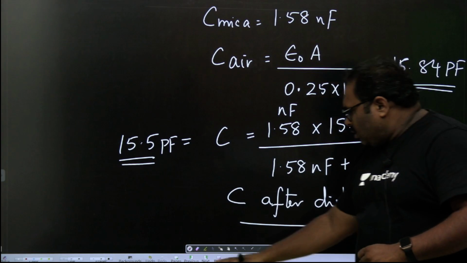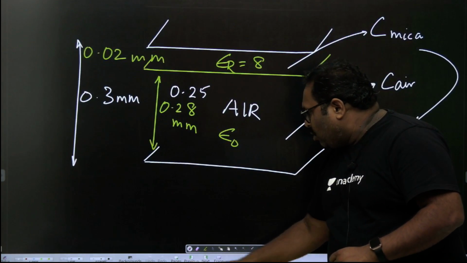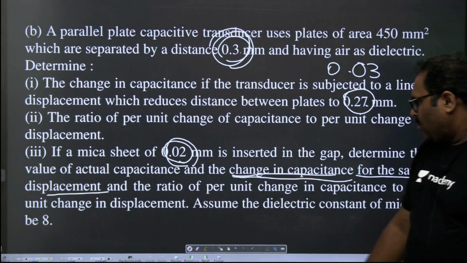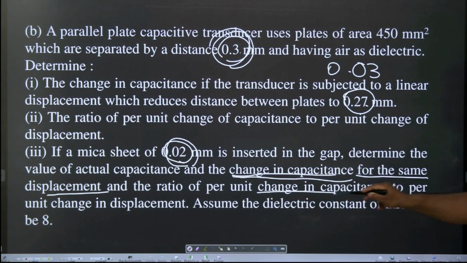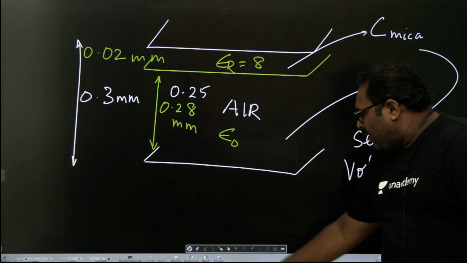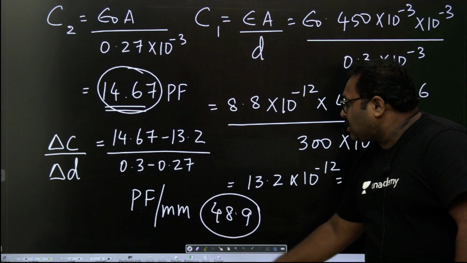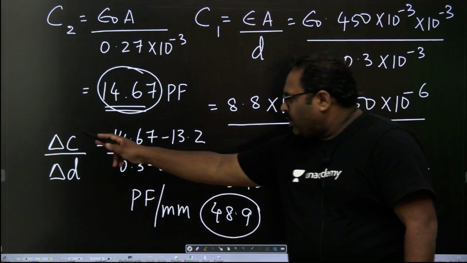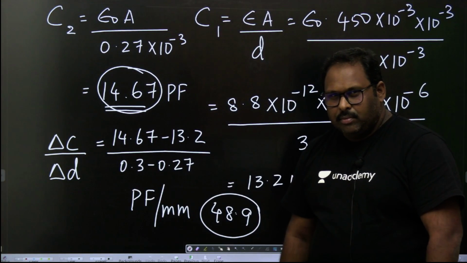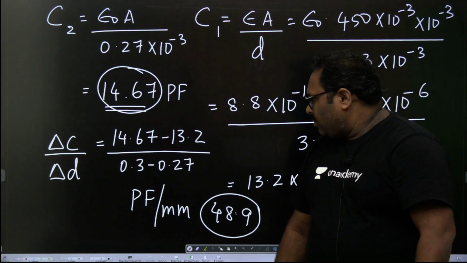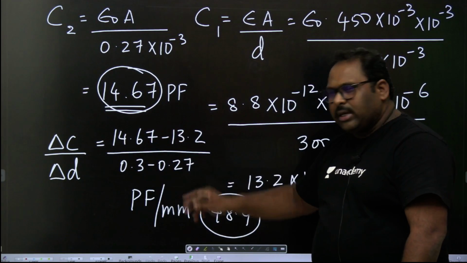So the question is now finally they're asking you the change in the capacitance per unit change in the displacement. Now, already we have calculated it once for the change in the capacitance for change in displacement with only air, 14.67 minus 13.2.